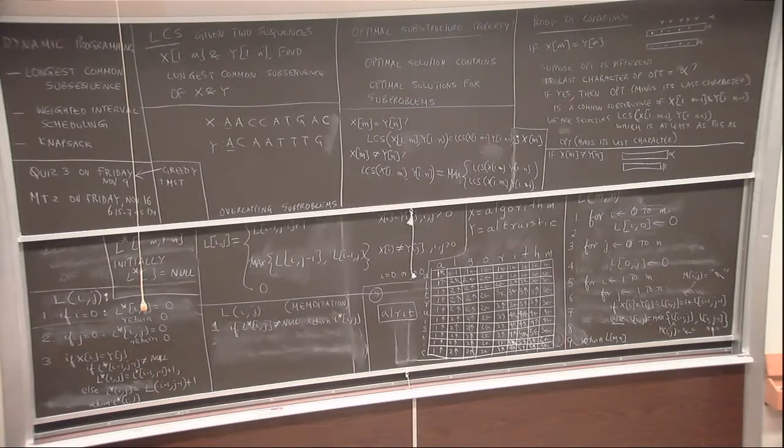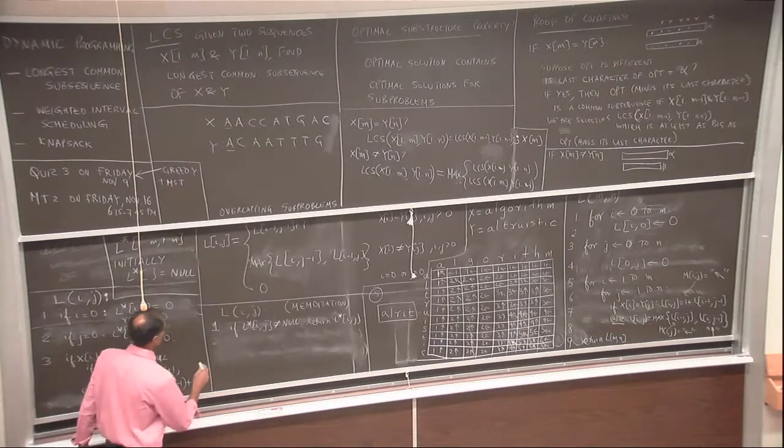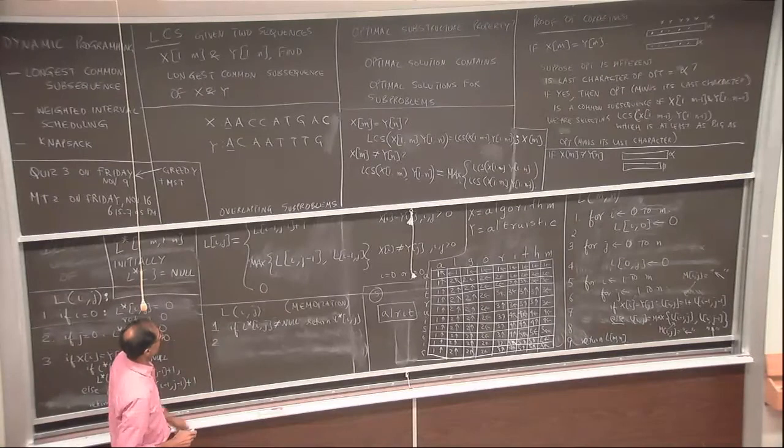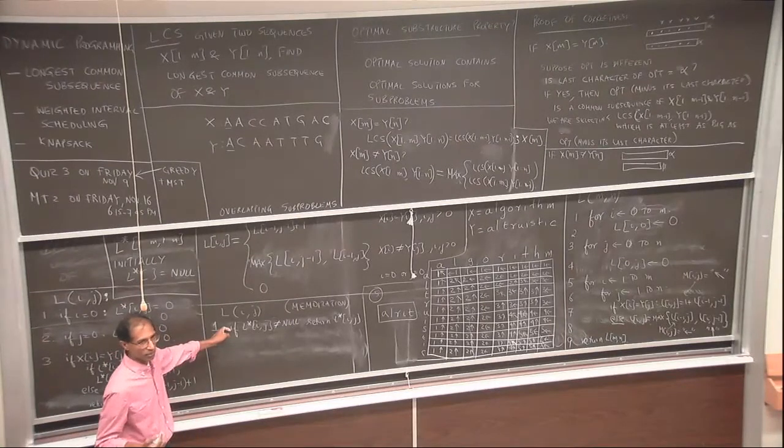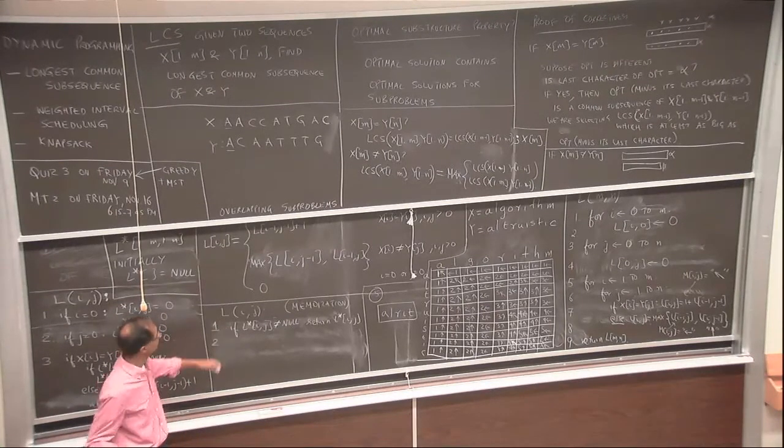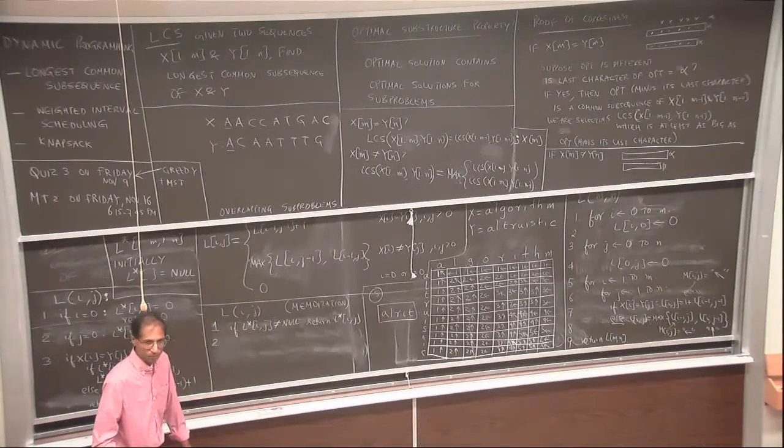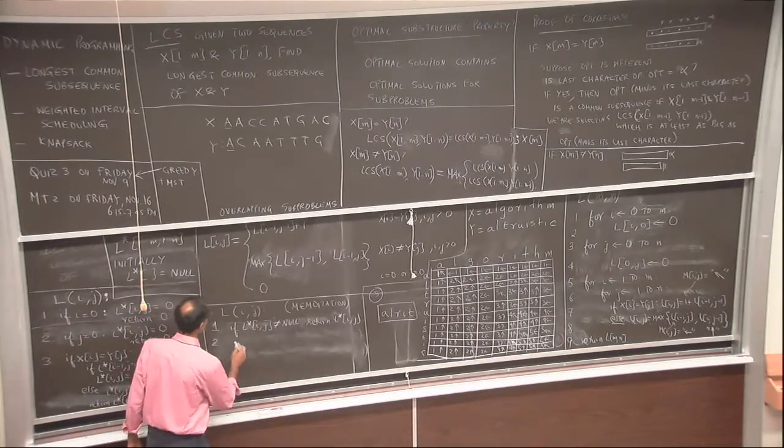If L star ij is not equal to null, you simply return L star ij. So that's what, you just check. Have you done it before? If you've done it before, you simply return it. Otherwise, you're going to do the call.